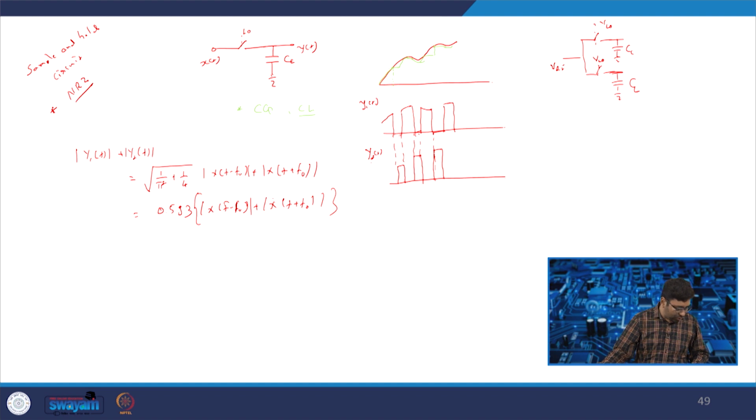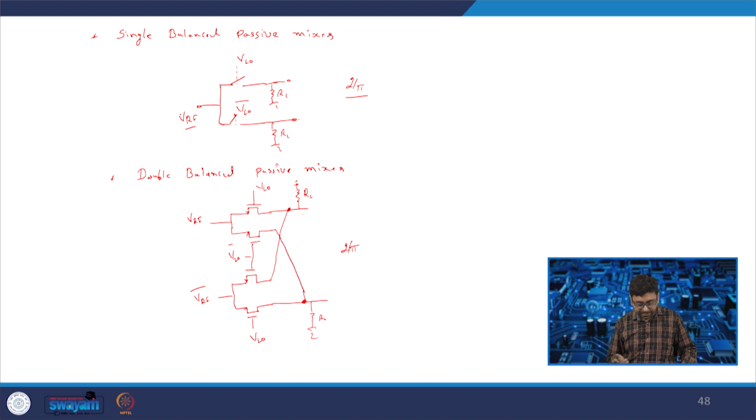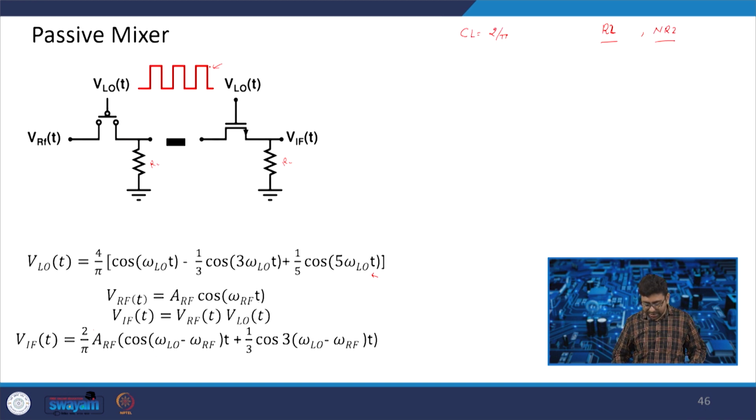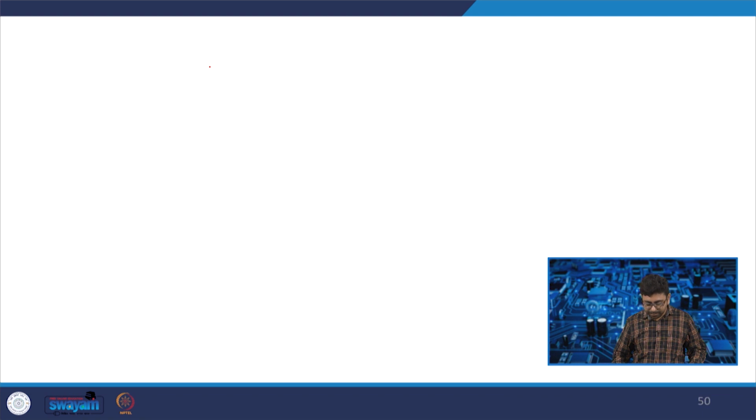Now if we try to analyze the noise of the previous circuit, here we have already got the noise about this, which is 4kT RS. Now if we consider the noise due to the RL also, that can be derived as follows.